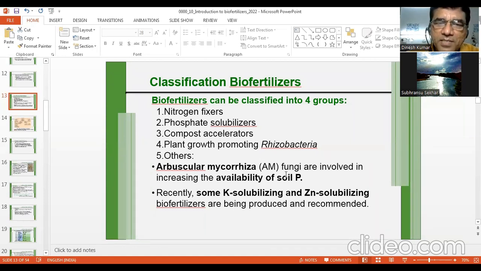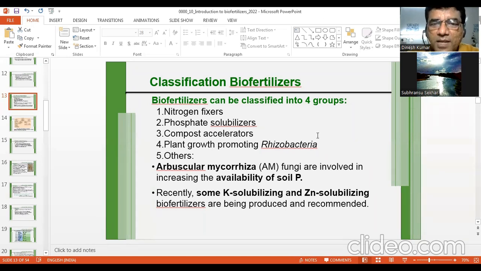So they can be classified into 5 groups here: nitrogen fixers, phosphate solubilizers. Besides phosphate solubilizer, you can also add phosphate mobilizer. Mobilizer is not mentioned here because it mobilizes other nutrients also. So it is not just phosphorus, they can take up zinc or potassium.